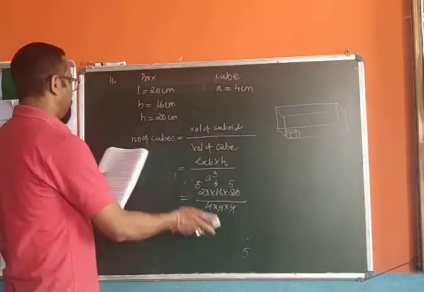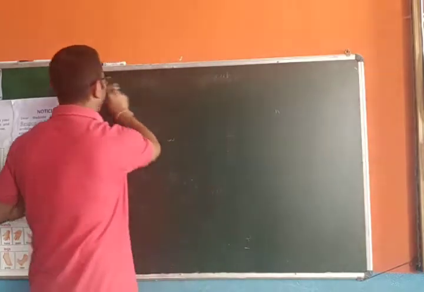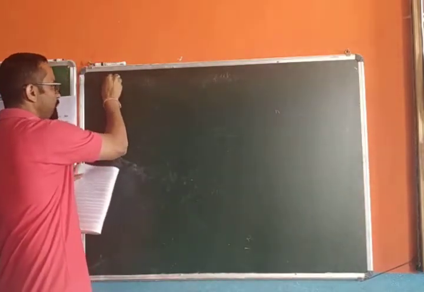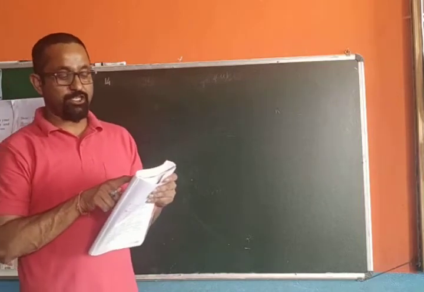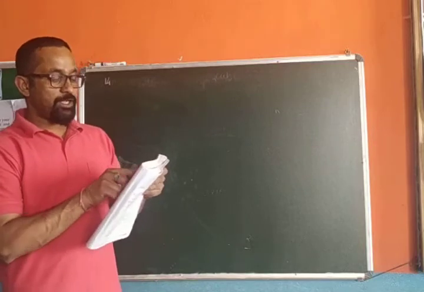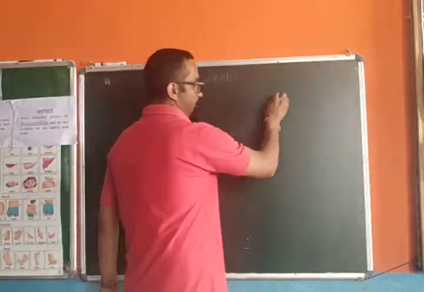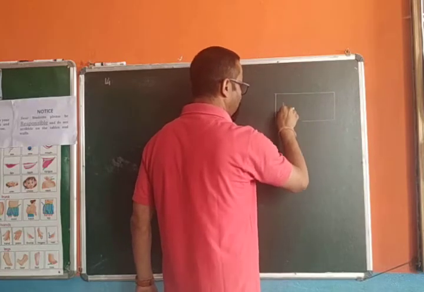Look at question number 14. Read the question carefully. A cube of 11 centimeter is immersed completely in a rectangular vessel containing water. If the dimensions of the vessel are given, find the rise in the level of water in centimeter. So you have a rectangular cuboid.